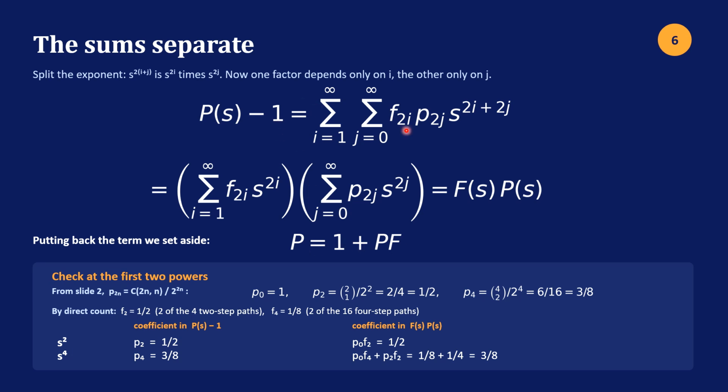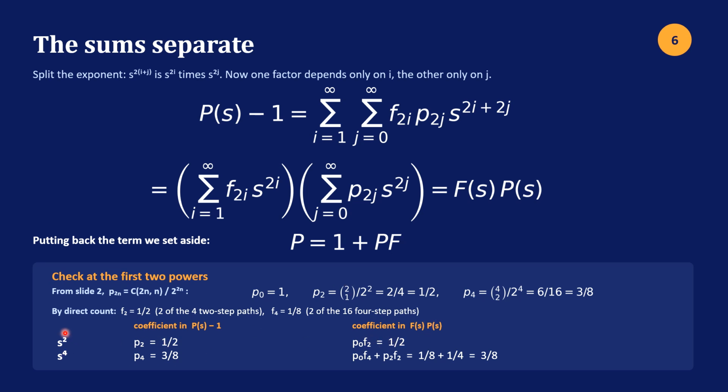If you want to check this, we can do that. On this side here, we can use our formula from slide 2 to compute p sub 2 and p sub 4, which I show up here. We knew that p sub 0 is 1. So we have that here. Then on this side, we can check for the coefficients of s raised to the 2 power and s raised to the 4 power.